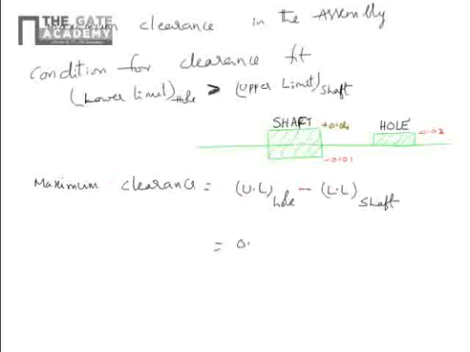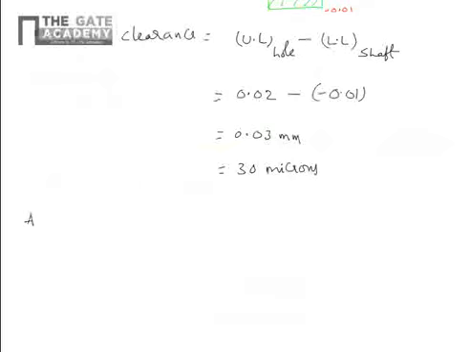Upper limit of hole is 0.02 minus lower limit of shaft, minus 0.01, it is 0.03 mm, 30 microns. Answer is C.